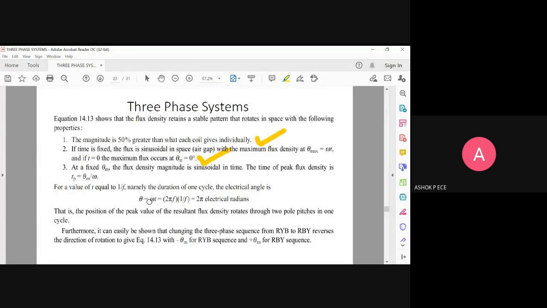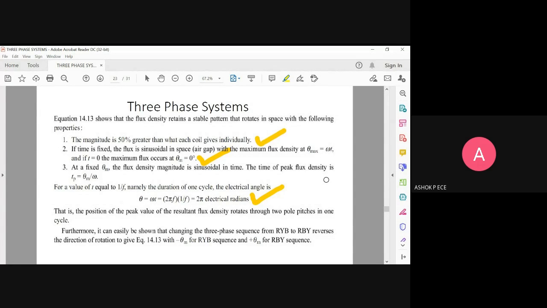So for one duration, theta is equal to omega t. Omega is 2 pi f, and T is 1 by f, 1 by frequency. When you cancel the frequency term, theta will be equal to 2 pi. So this is the maximum. When we have two poles in a machine, the electrical angle is 2 pi electrical radians.